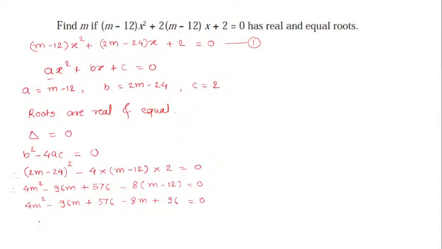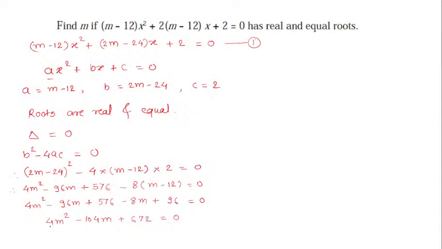is equal to 0. So we get the quadratic equation as 4m square minus 96m minus 8m, that would be minus 104m, as both have the negative values, and plus 576 plus 96, that would be 672 is equal to 0.